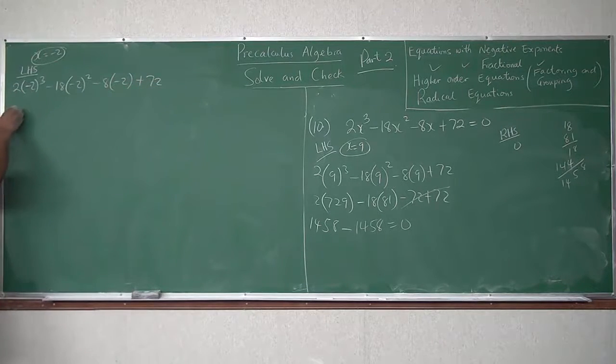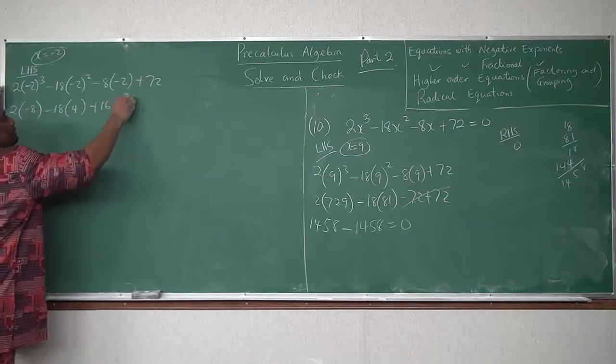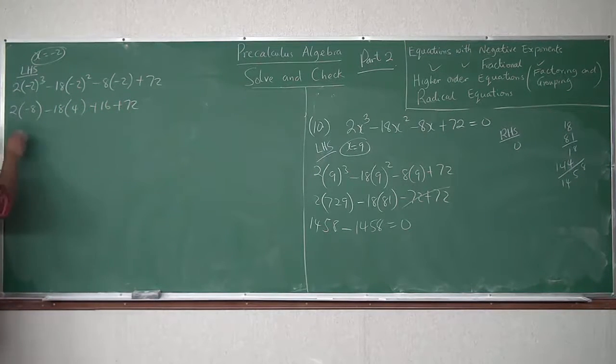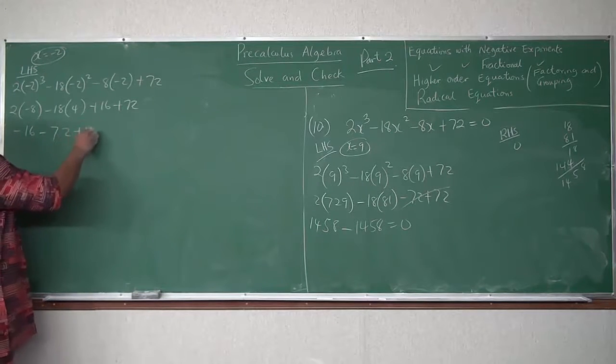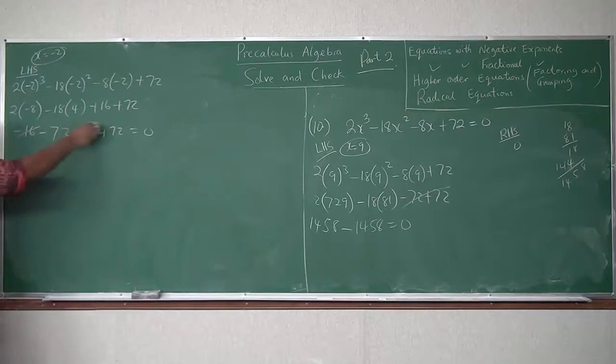So this is 2 times negative 8, right? 2 times negative 8 minus 18 times 4 plus 16 plus 72. This is negative 16 minus 72 plus 16 plus 72. Okay? And that gives you 0. That gives you 0. Okay.